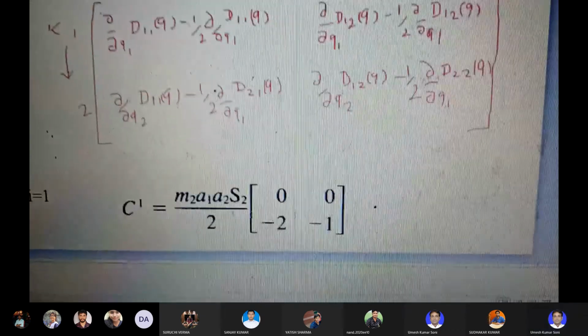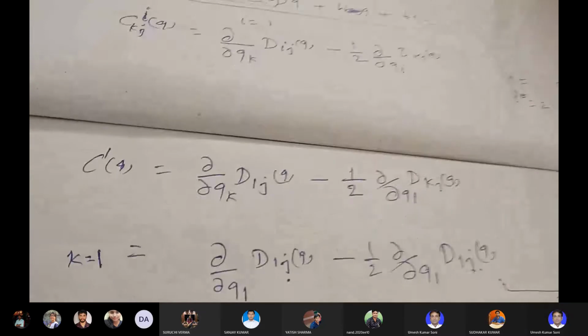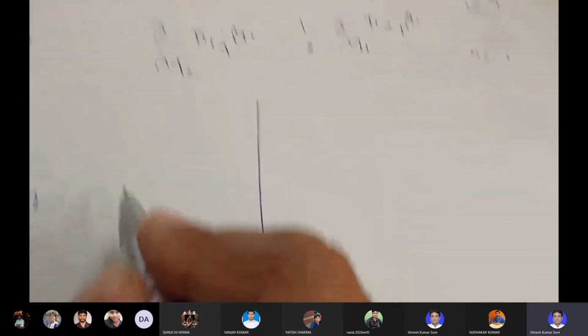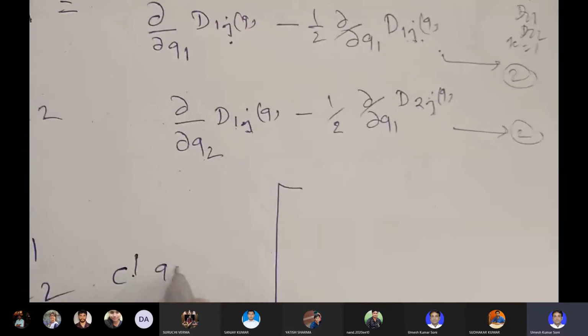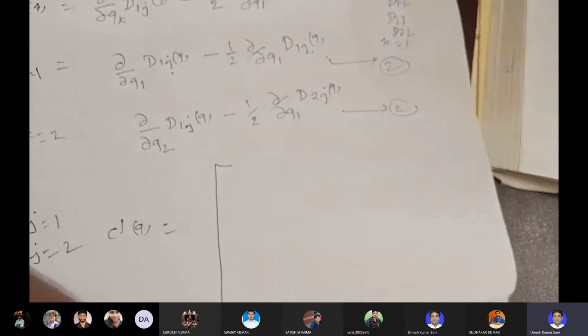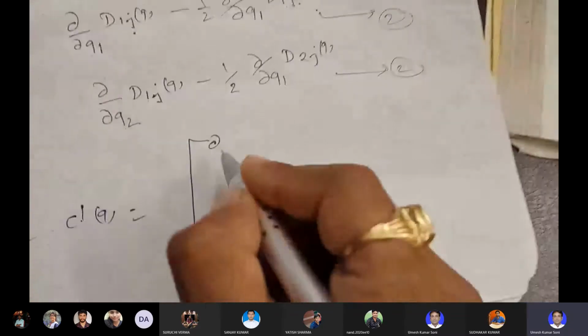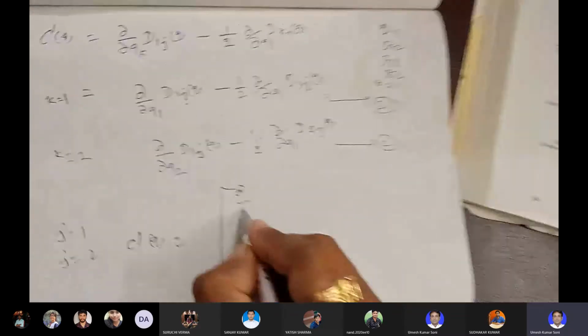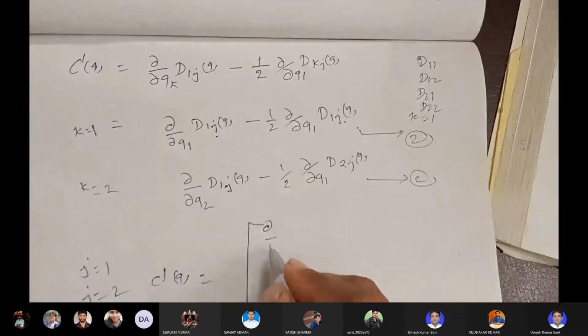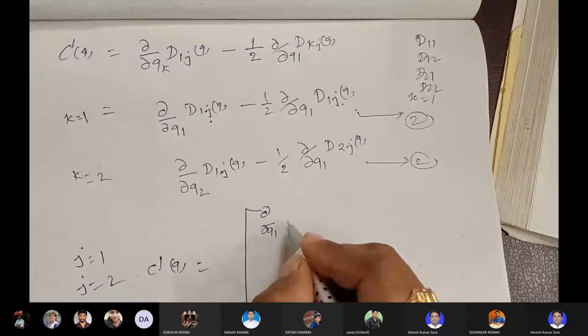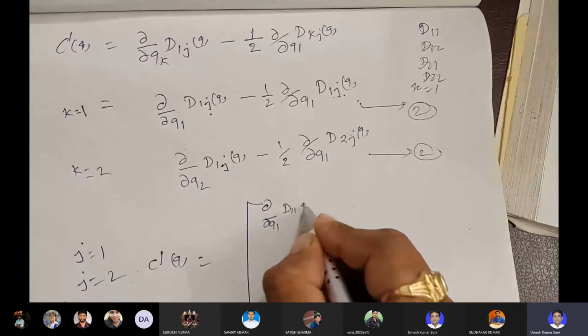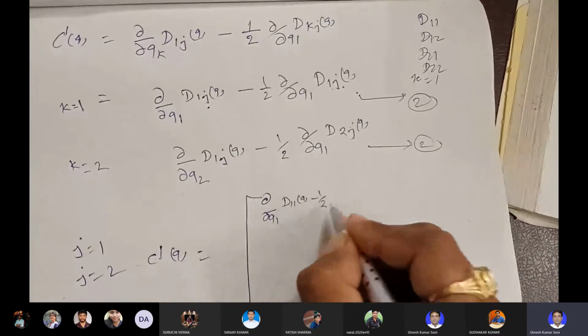So from here you get the matrix for C1 cube: del upon del q1 d11 cube minus 1 upon 2.